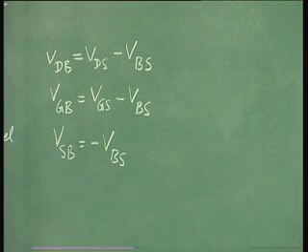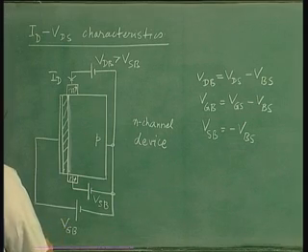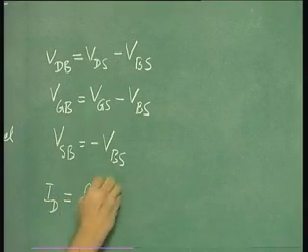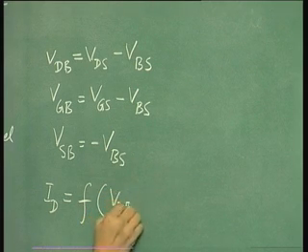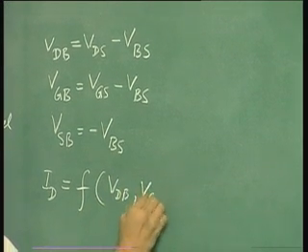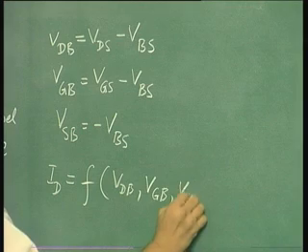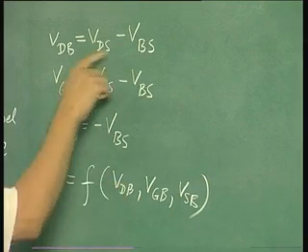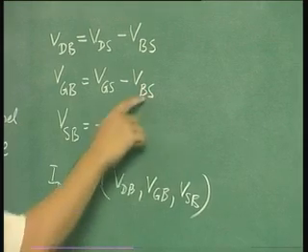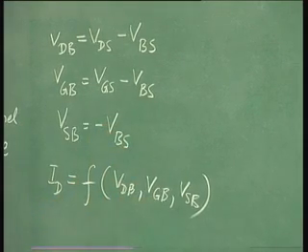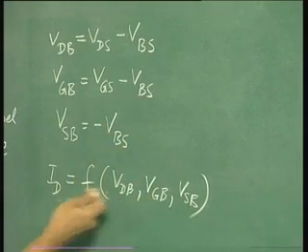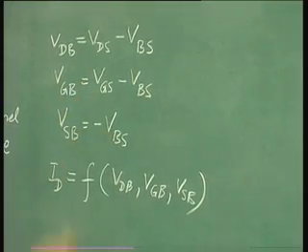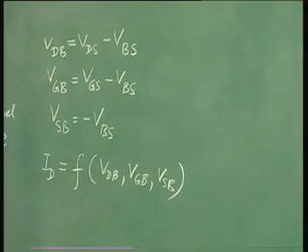Now our approach here will give us ID as a function of VDB, VGB and VSB. Then we will substitute these equations here, and the same equation then can be written as a function of VDS, VGS and VBS.